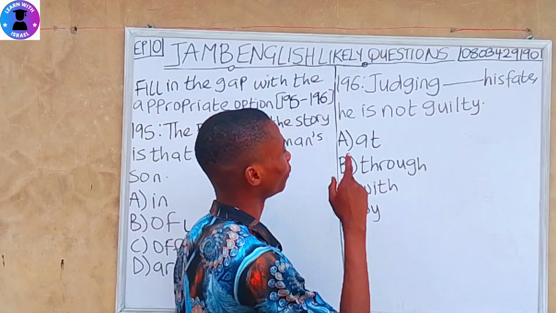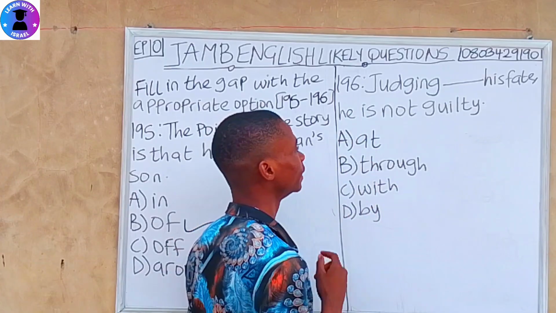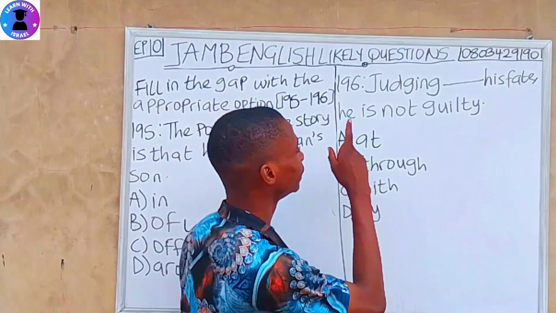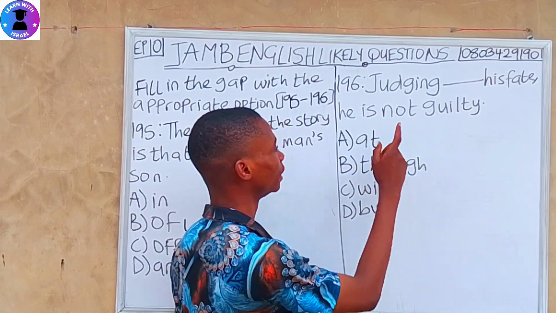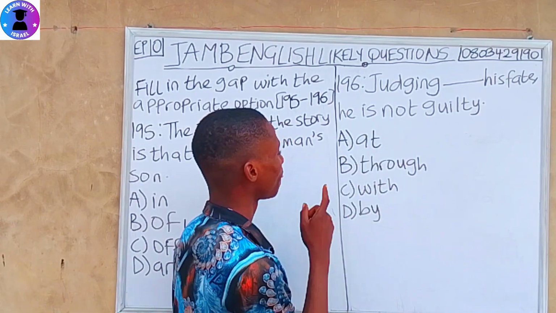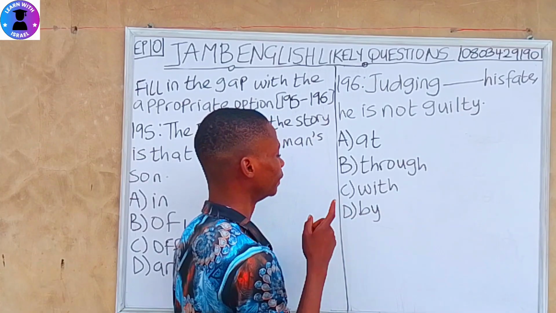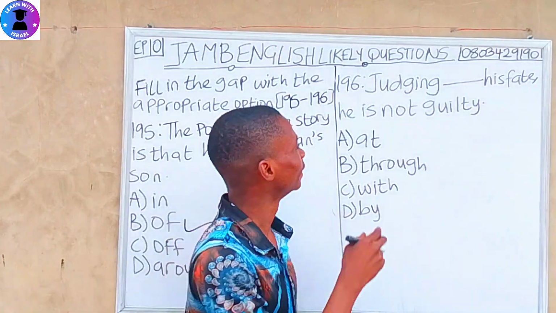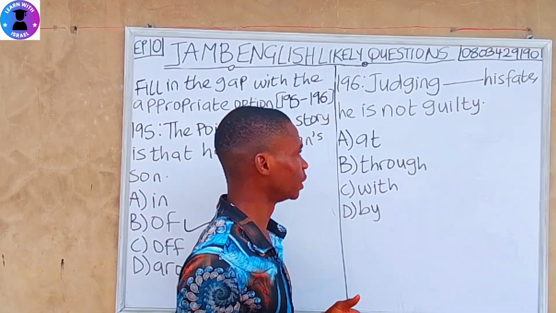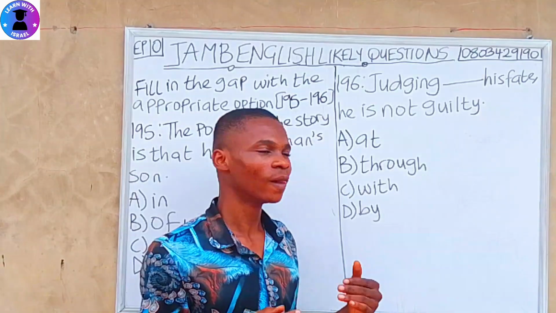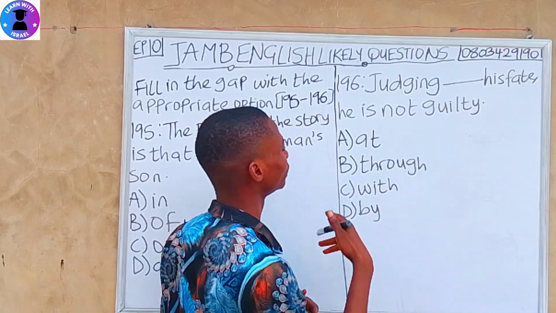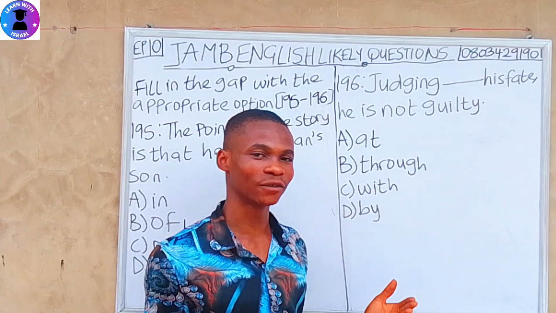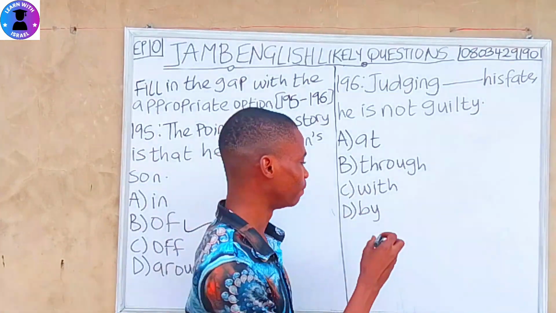Question 196. Judging dash his fate, he is not guilty. A. At, B. Through, C. With, D. By. Judging by his fate, he is not guilty. Judging with his fate, he is not guilty. Judging through his fate, he is not guilty. Judging at his fate, he is not guilty. Which one sounds well? The one that is correct is by.